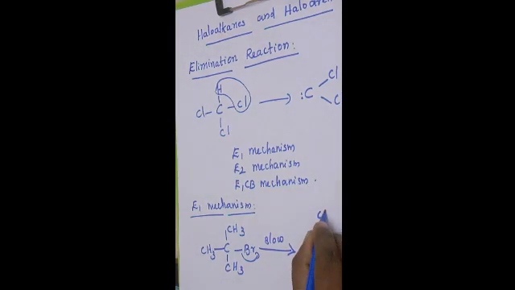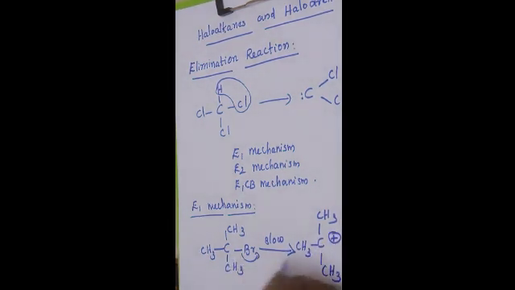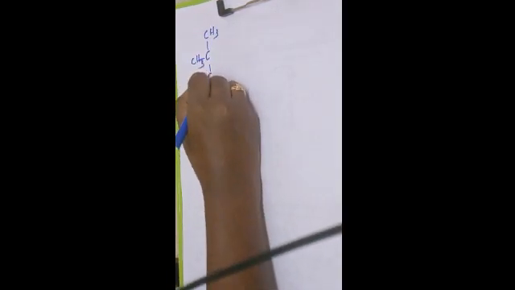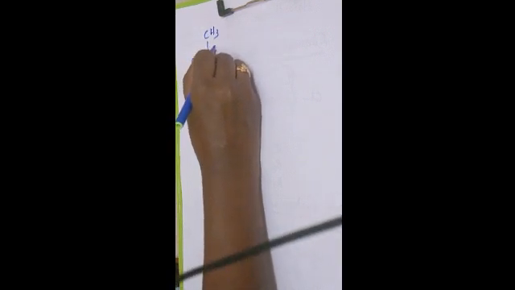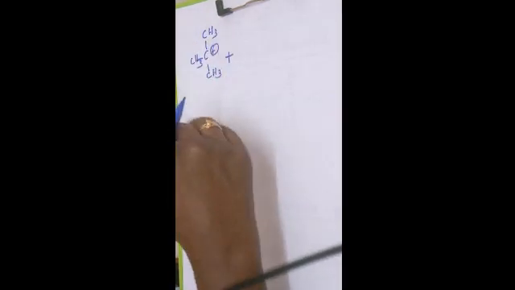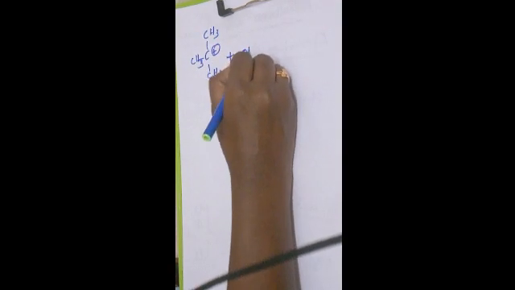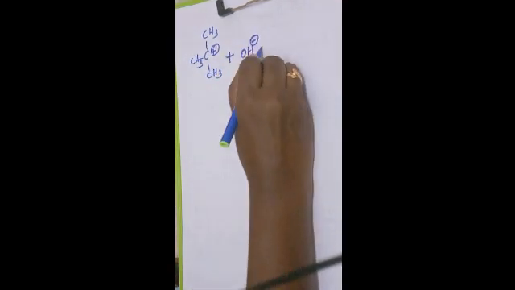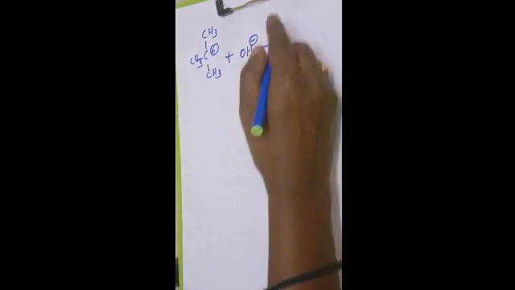So we get (CH3)3C plus, and the leaving group is Br minus. In the second step, which is a fast step, the carbocation has a proton abstracted by the base. It is not a proton, it is a base.